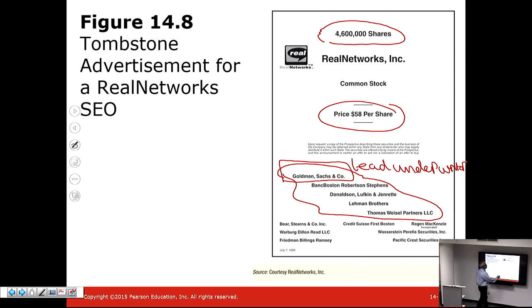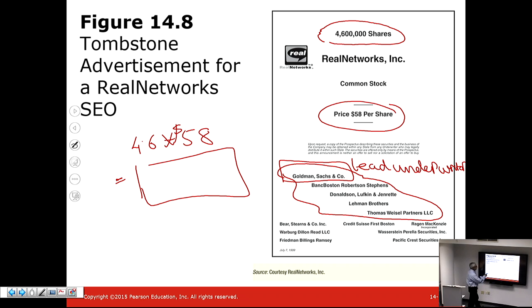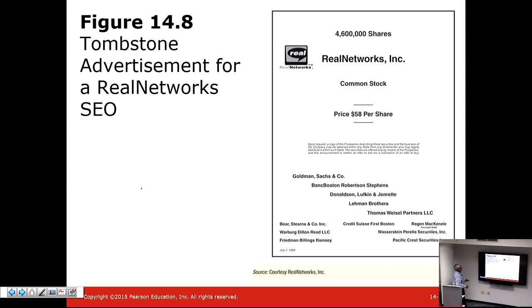So in this case, the total amount of capital that is being raised is 4.6 million times 58. Whatever that number is, is the total amount of capital that this SEO is raising for Real Networks. So they did an IPO first, and then they did an SEO later.